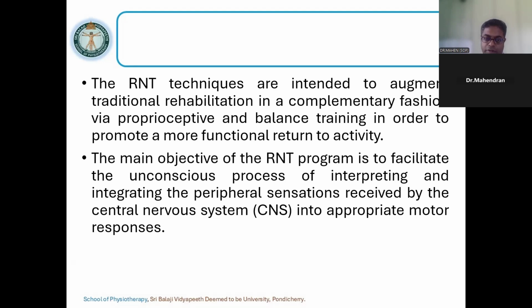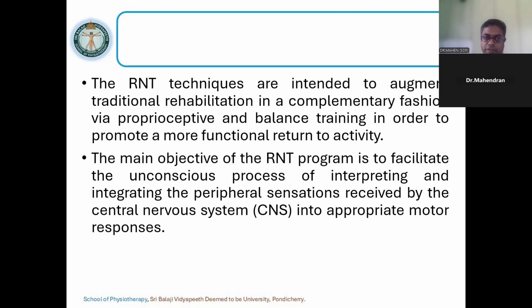So the main objective of the RNT program is to facilitate the unconscious process of interpreting and integrating the peripheral sensation received by the CNS. Normally, if you are doing any activity on a day-to-day basis, that activity would be stored in your brain in the unconscious area.